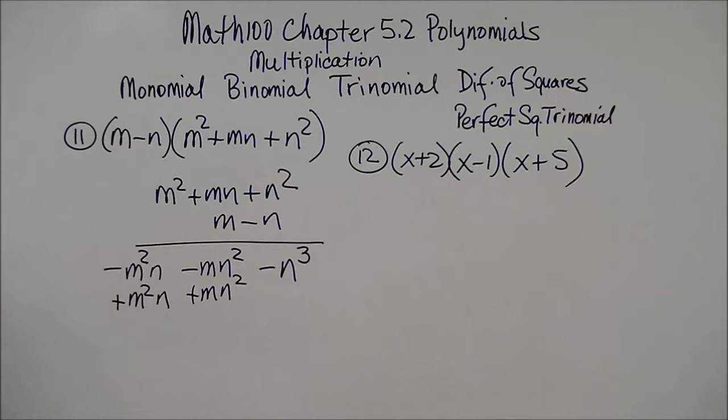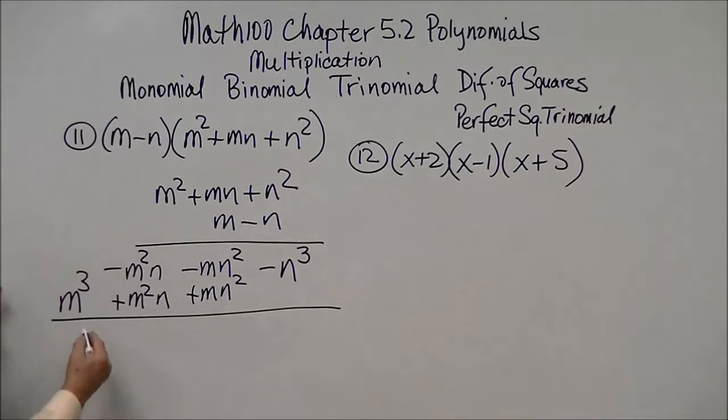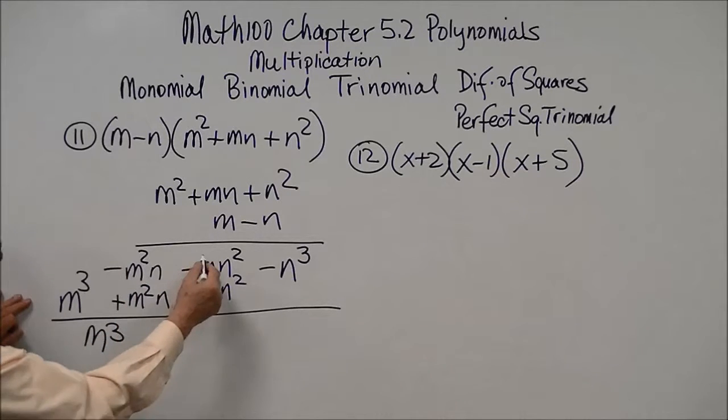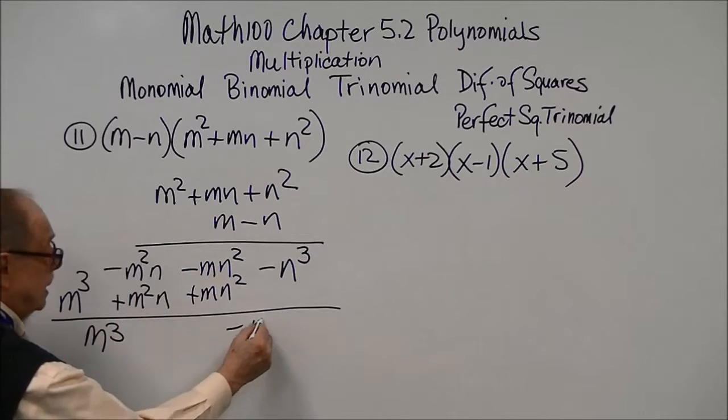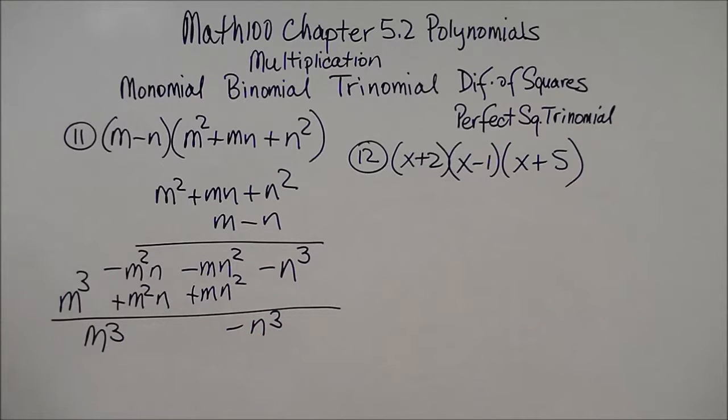Oh, something interesting is going to happen here. And then now m times m squared gives me m cubed. I get m cubed. This cancels out, and I get n cubed.